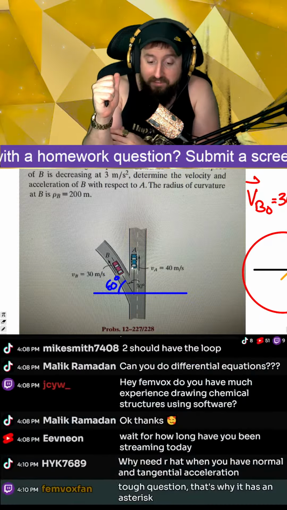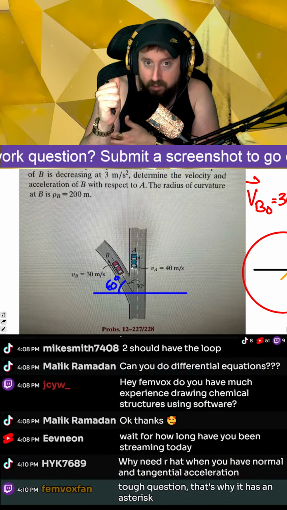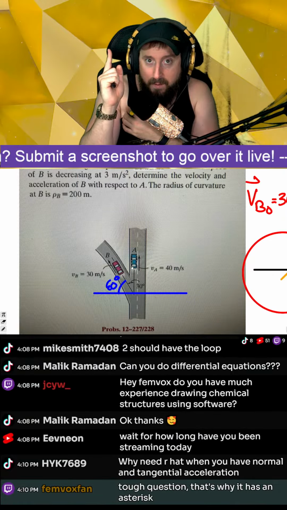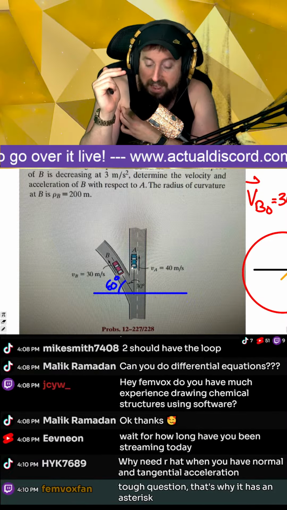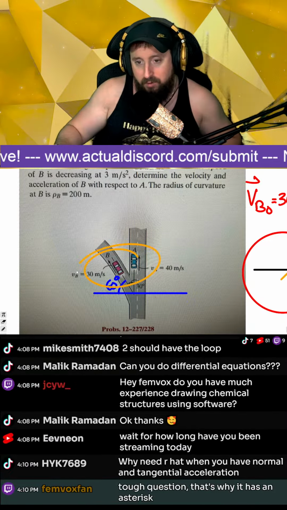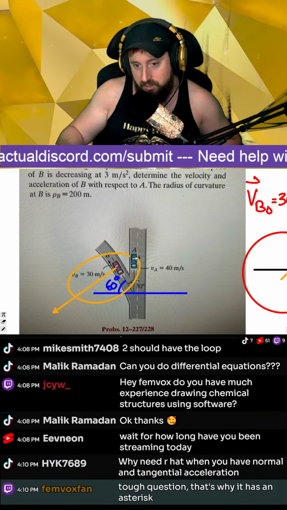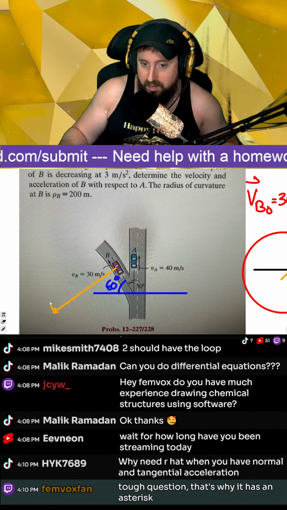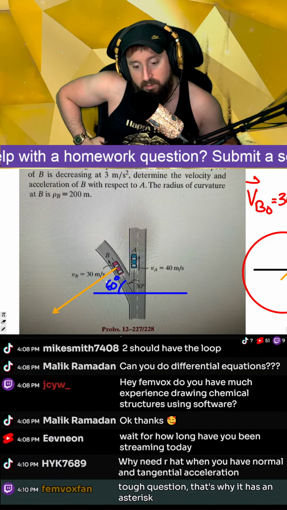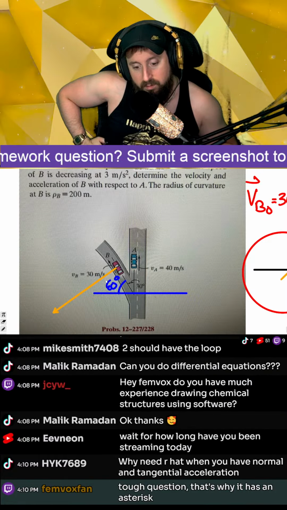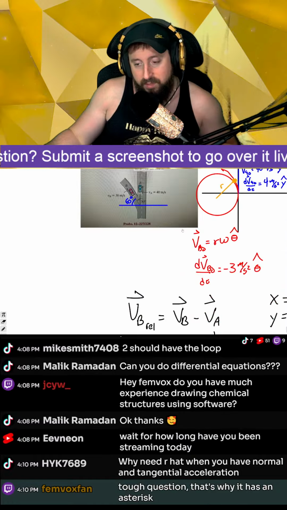So you're right. I do have tangential acceleration. My issue here is that my normal acceleration has components to it, right? So this thing right here has acceleration pointing in this direction. The question is, how do I break this up into X and Y components? I think that's the issue.